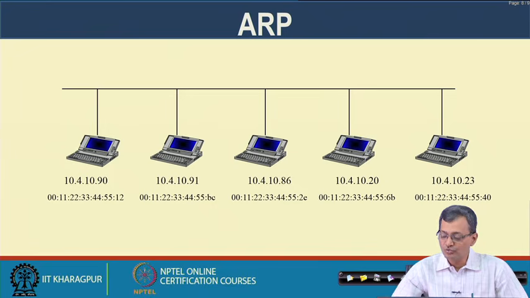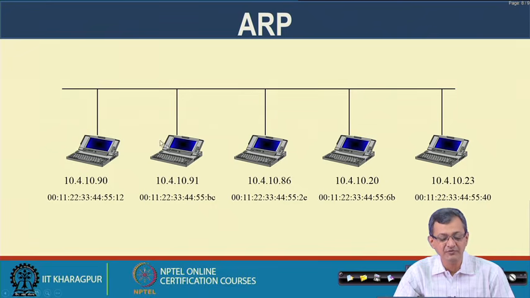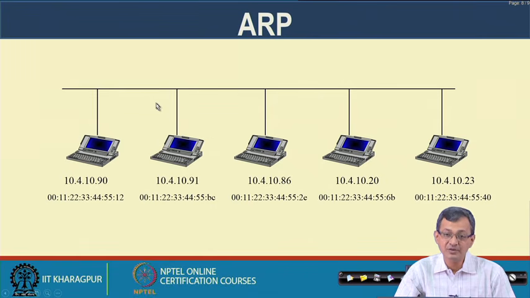Now, what we want to do: if I want to send a packet from here to here, only knowing the logical address will not suffice. I need to know the physical address to pump that particular packet or frame at layer 2.